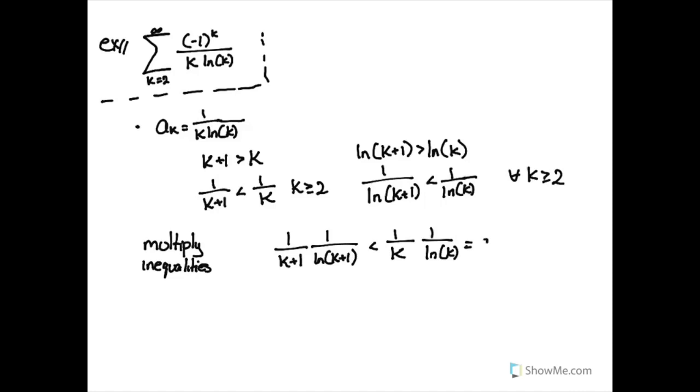And this is equal to ak, and the left term is equal to ak plus 1. And this is true for all k greater than or equal to 2. Therefore, ak, the sequence, is strictly decreasing.